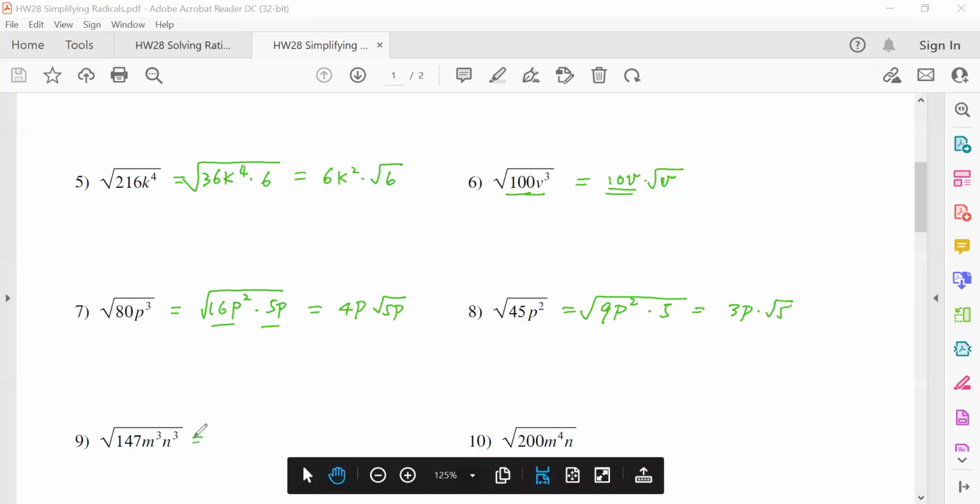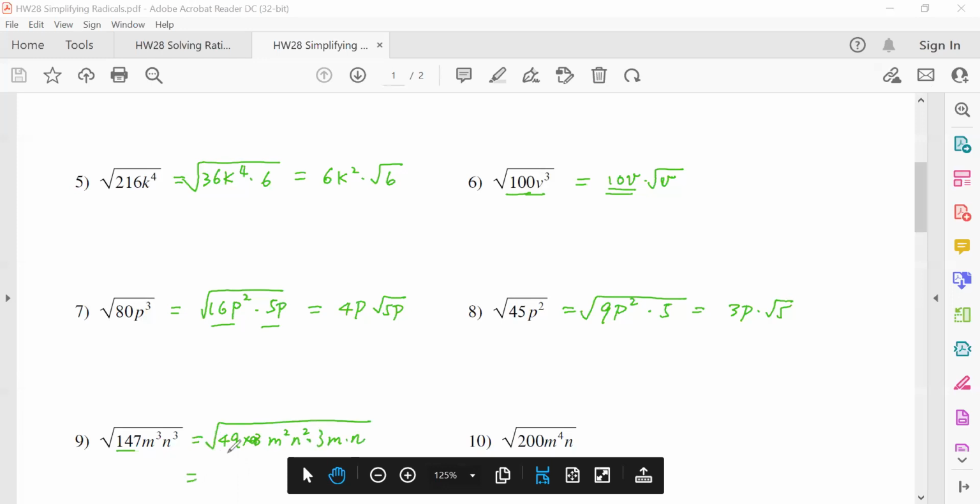What about this one? So this one, 147. 147 actually here is 49 times 3, right? So m squared, n squared, and m, we put a 3 here, right? So like this.